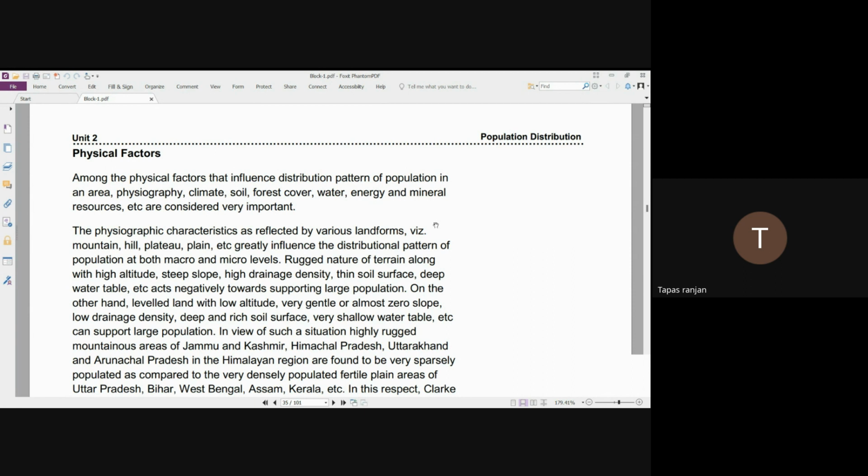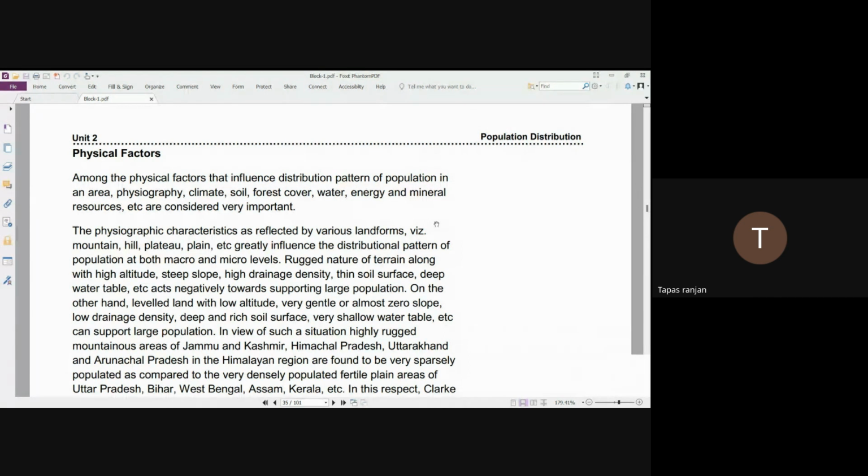Then soil. Definitely the fertile lands will have a high population as compared to the infertile lands. Just like the alluvial plains of northern India, those were inhabited by a lot of people. And why? Because they support agriculture. And when it supports agriculture, the agricultural productivity will be high. And as people, our basic need is food.